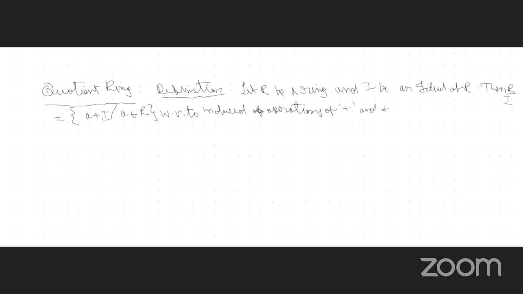Cosets are defined by a plus I plus b plus I equal to a plus b plus I, since I plus I is I. And a plus I times b plus I equal to ab plus I, because I times I is contained in I.